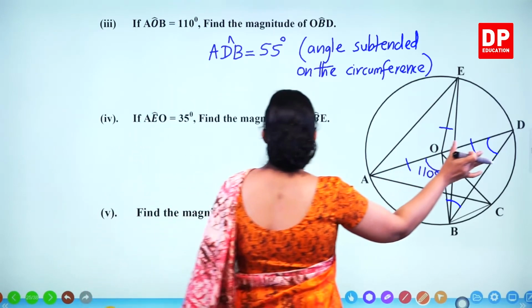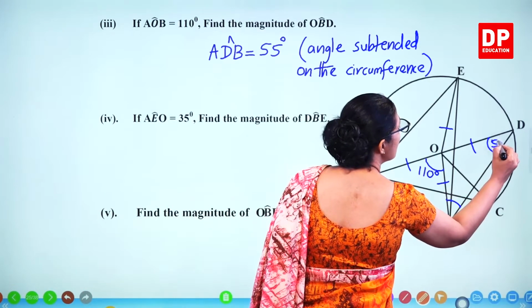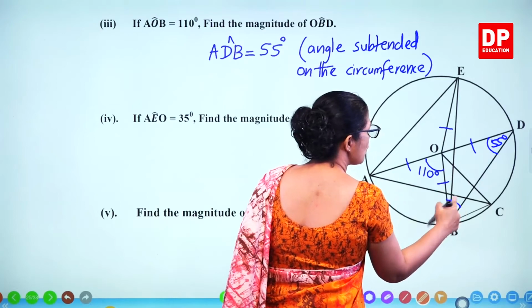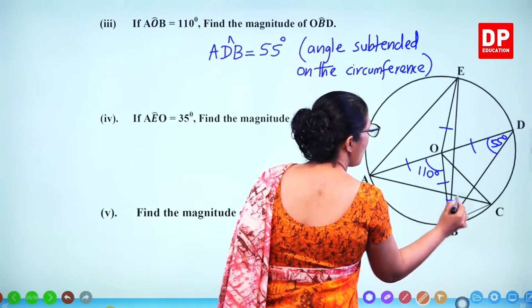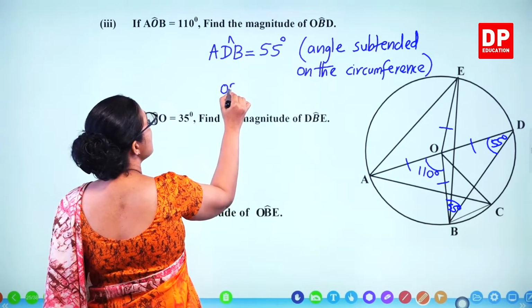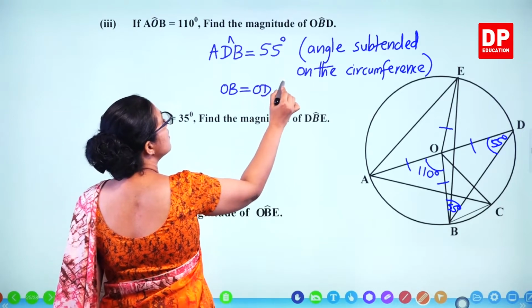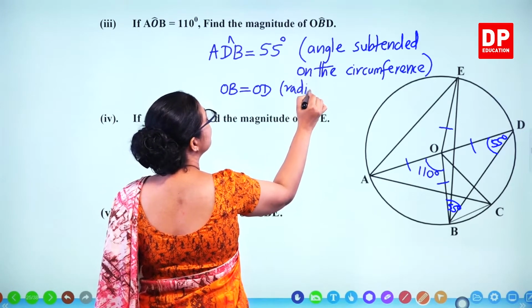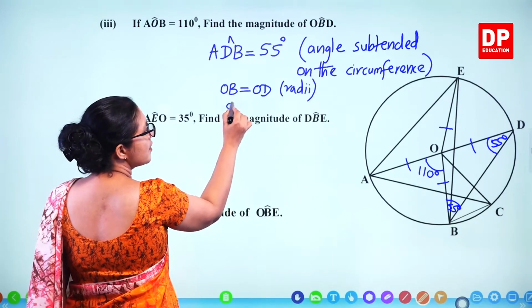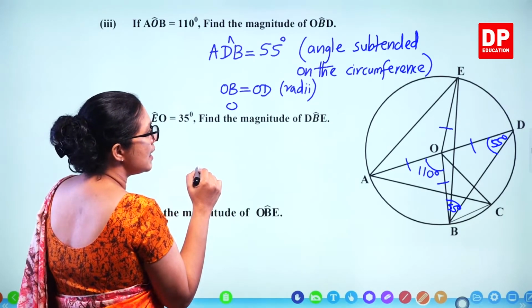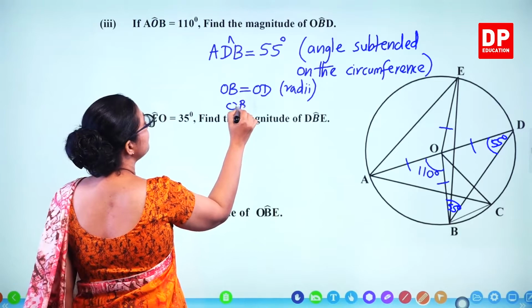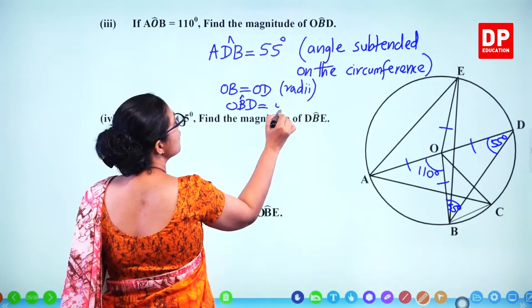That's 55. If this is 55, this is also 55 because OB and OD are equal, being radii. So you can write OBD angle is also 55.